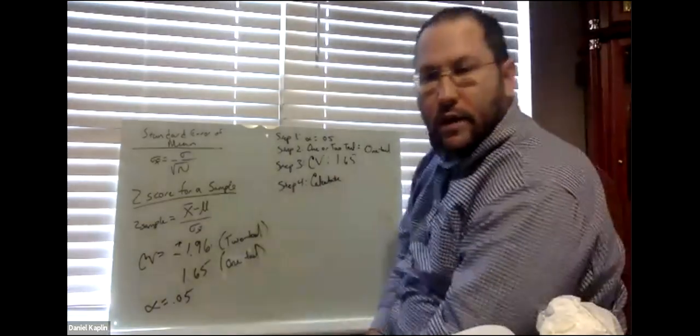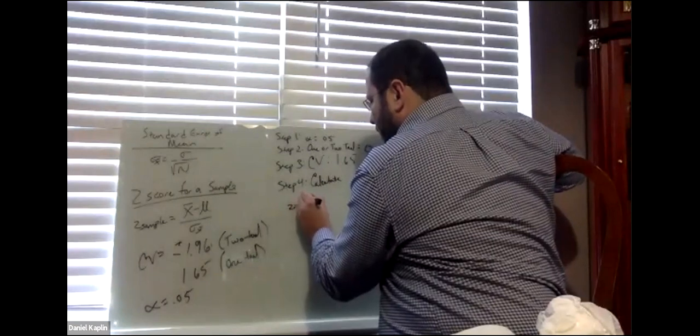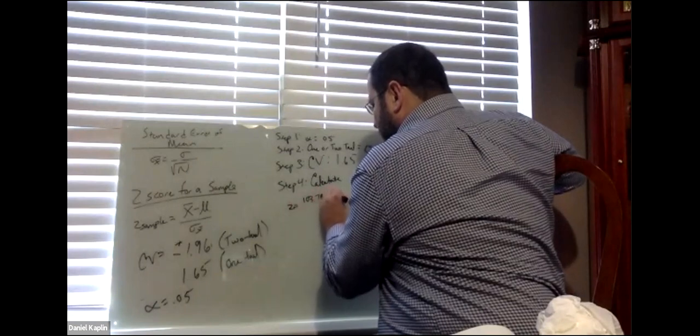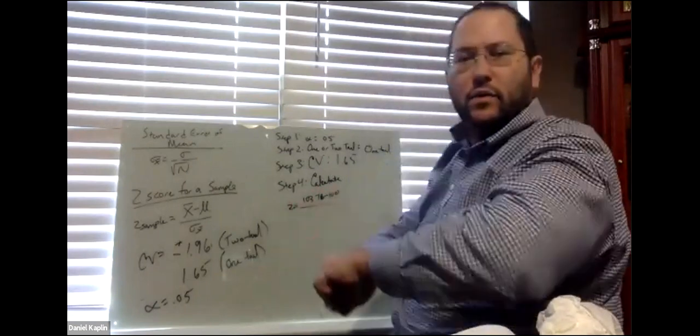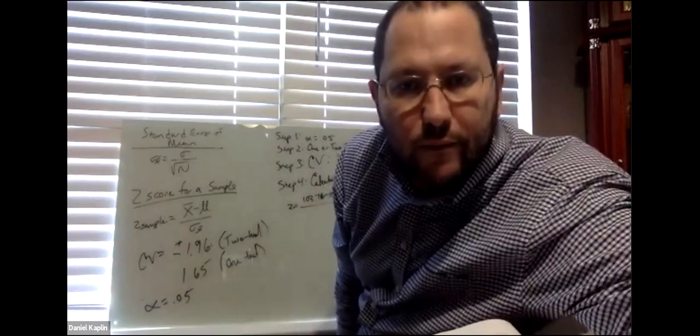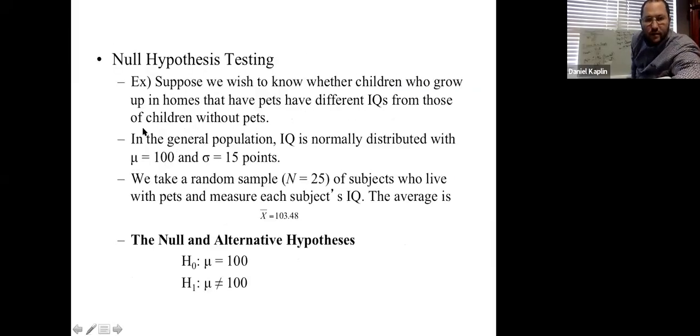So if you humor me, I'm going to do our z-score. It was 103.78 minus 100 divided by, I don't remember what the sample was. So let me pull that up. So this was our question. We had 25 participants, and I'm glad I checked because it's 3.48, not 3.78, 103.48.